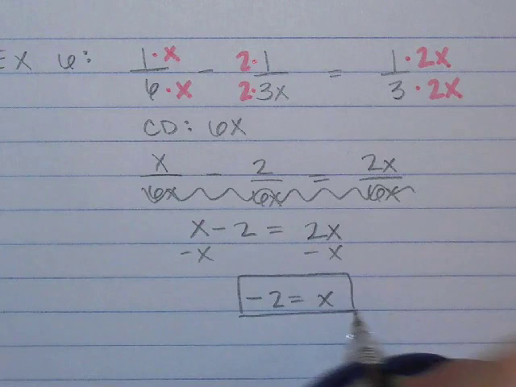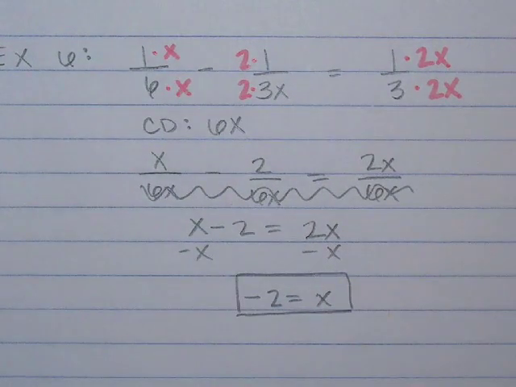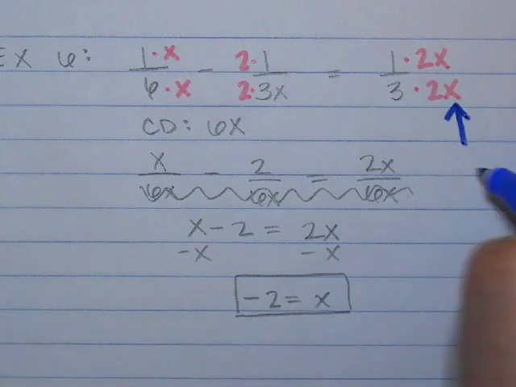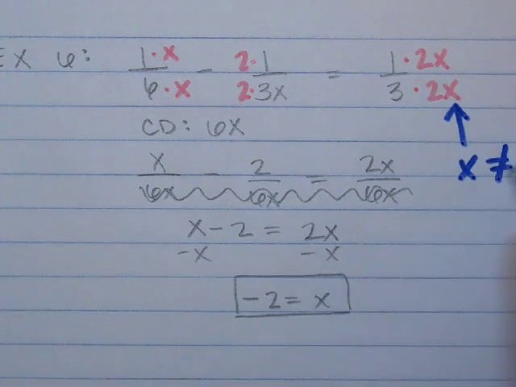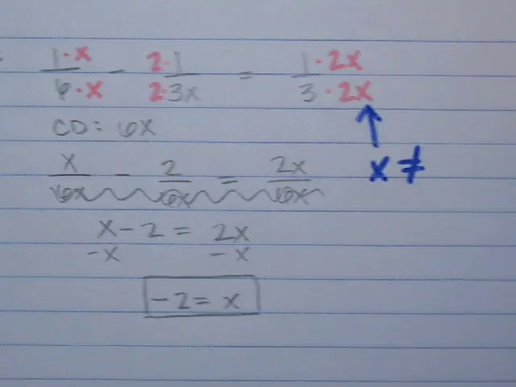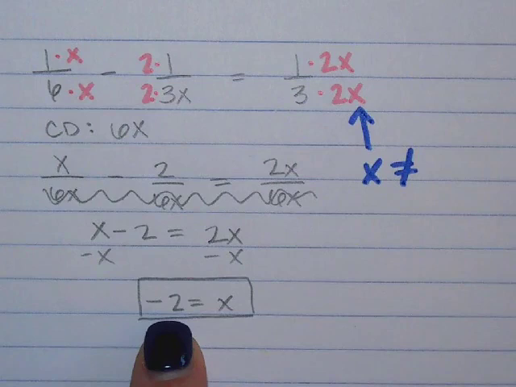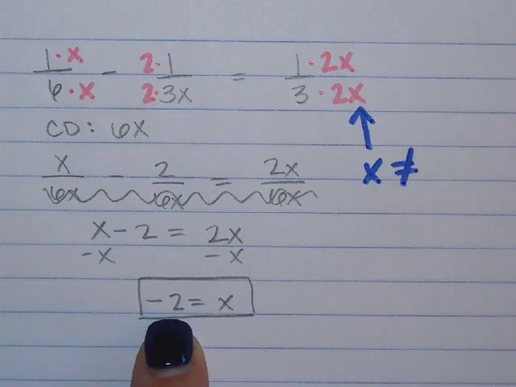And what do we always want to double check? It starts with an EX. Excluded. We want to check for the excluded value to make sure the answer that we got is not the excluded value.